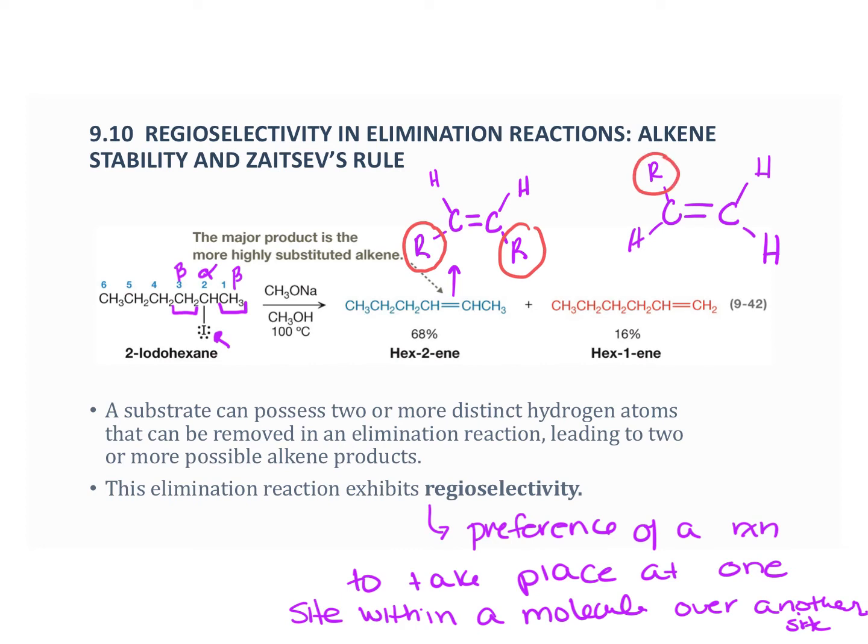So hex-2-ene has two R groups that are attached to the carbons of the double bond, while hex-1-ene only has one R group. So that's what we mean by more substituted. And so the question is, of course, why is hex-2-ene the major product and not hex-1-ene? Like, what about that additional stabilization, that additional R group, makes it more stable?